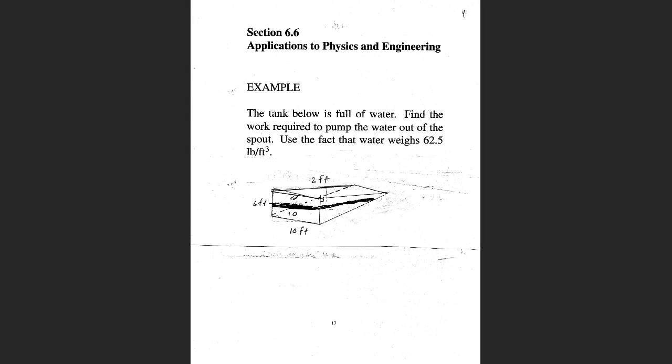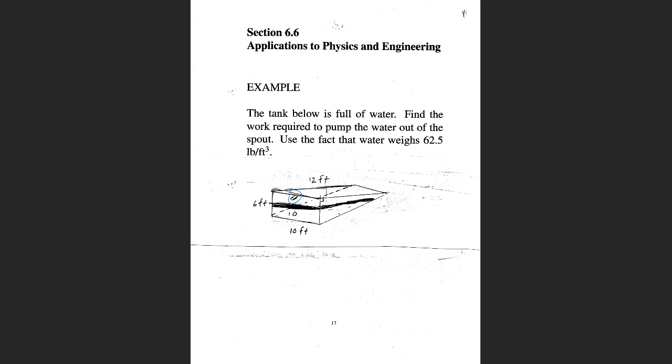Well, let's see what's going on here now. Okay, another kind of applied problem, a tank problem. In this problem, we have a tank below that's full of water, and we want to find the work required to pump the water out of the spout. So here's the spout right here at the top.